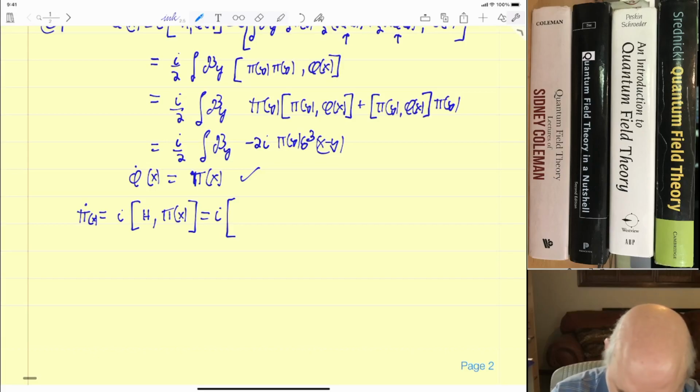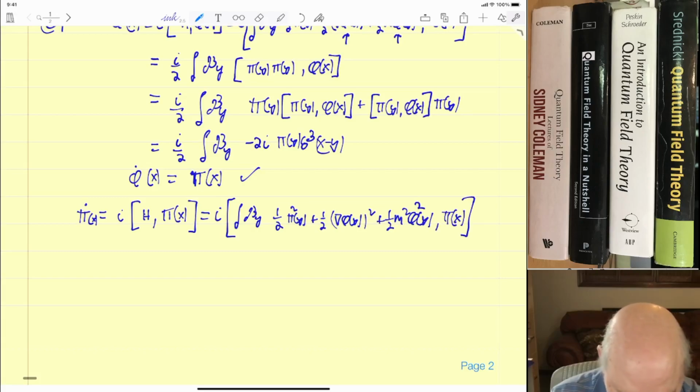I should just copy it from there, but I think it'll be easier for me to write it again. Okay, 1/2 pi of y squared, 1/2 del phi of y squared, 1/2 m squared phi of y squared, pi of x.